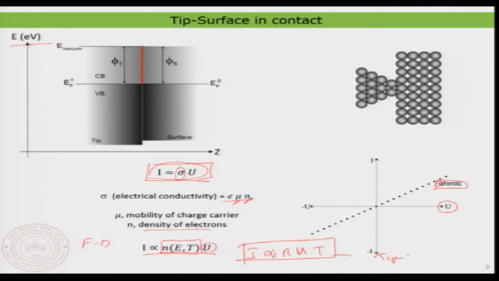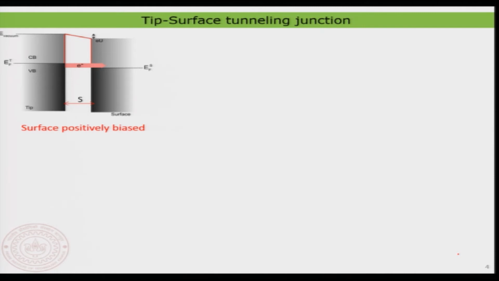Then the current is going to be influenced by the tunneling probability itself. So, you will find that the current is weighted by the tunneling probability. That is the interesting part about it. This is valid for the tip sample junction. Good. Now let us start to do the measurement.